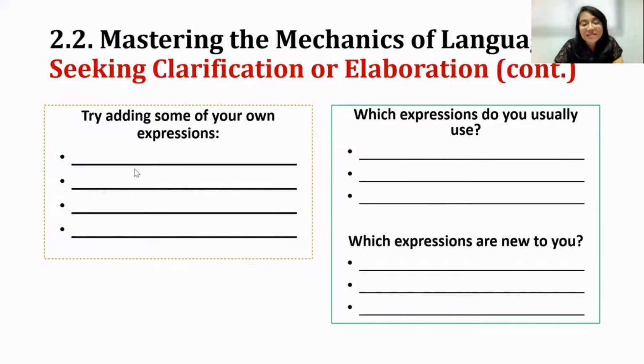And the second one is, I want you to list down the expressions that are new to you. Please group them, separate them, so that you know which ones have been mastered by you and which ones need further application in your involvement in small group setting. Pause this video for a while to give you enough time to answer these questions.